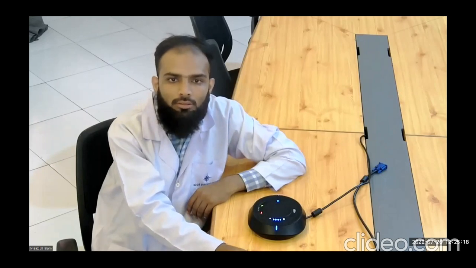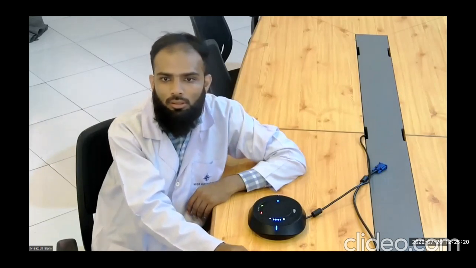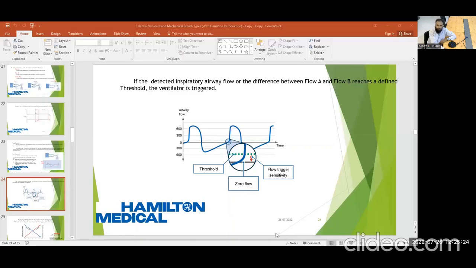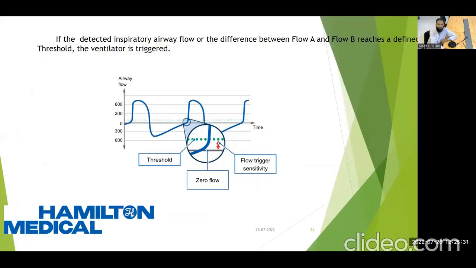Again, we are going back to our presentation. So this is a threshold. If the flow trigger has been set and the flow reaches the desired flow trigger, then the ventilator assists.